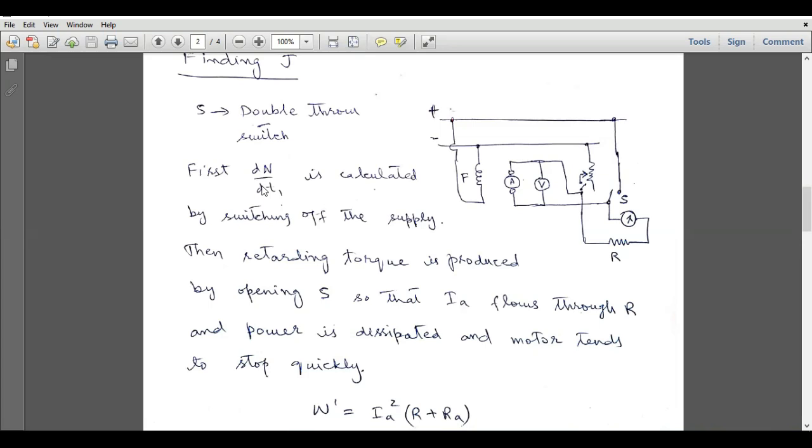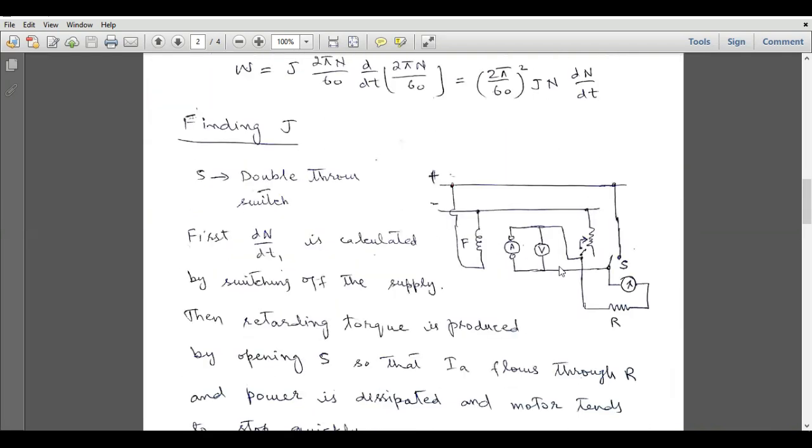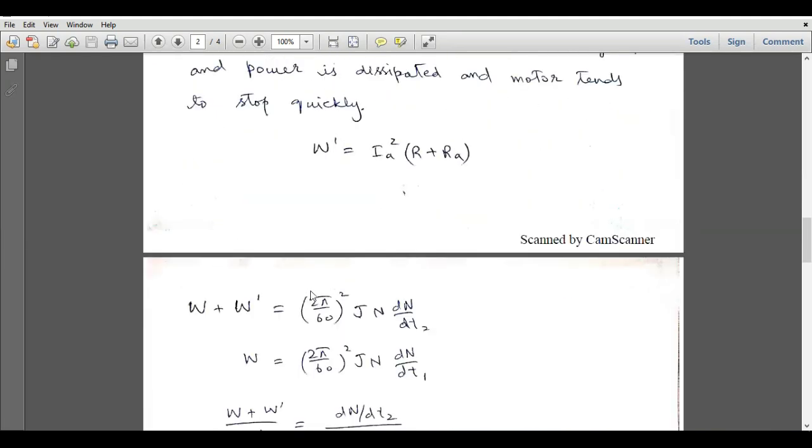dN by dt1 was the time rate of decrease of the speed in the case when no external resistance was present. In the second case, our rate of decrease of the speed will be dN by dt2. So W plus W dash will be given by this expression, and we have obtained this second expression. W was the case when no external resistance R was present, only the armature resistance.